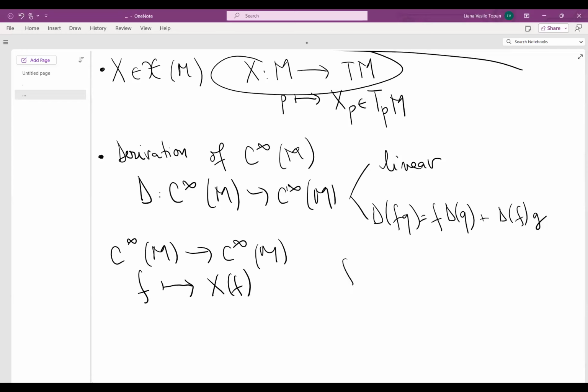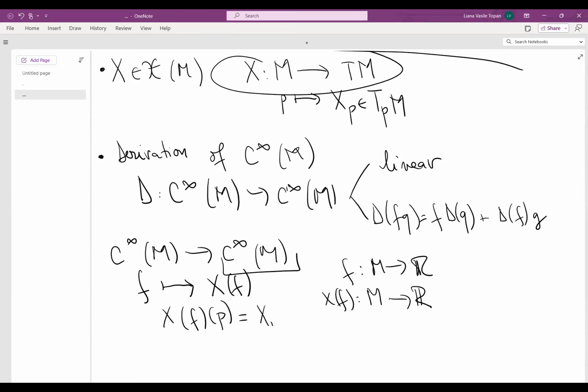So f, remember, f is a function from M to R. So X of f must lie here, right? So it must be a function from M to R. So we apply it on some point P of M, and we define it to be X_P, this is a tangent vector at P to the manifold M, applied on f.